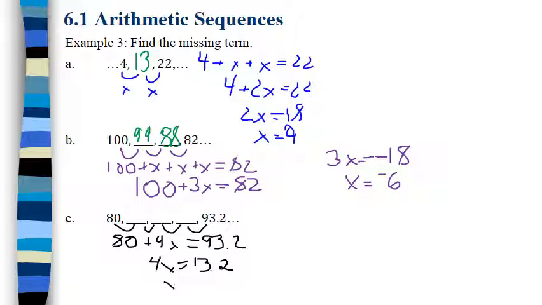Divide by 4, and so x equals 3.3. So now I go back up, and from 80, my next term will be 83.3, and after that I should get 86.6, and then 89.9, and then 93.2.